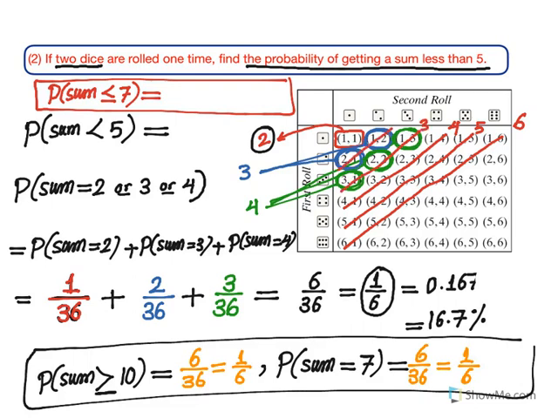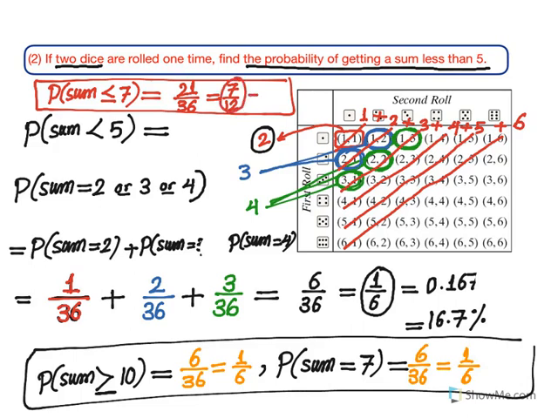And the sum of 3 is 2 possibilities. And the sum of 2 is 1 possibility. So then you add 1 plus 2 plus 3 plus 4 plus 5 plus 6, which would give you 21 out of 36, and that would be 7 over 12.